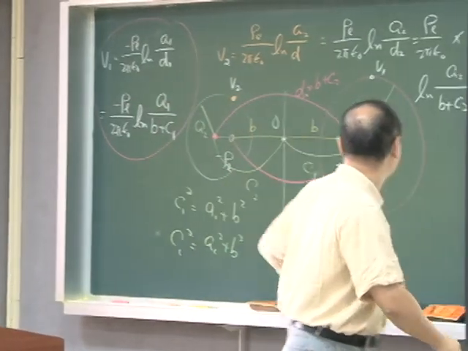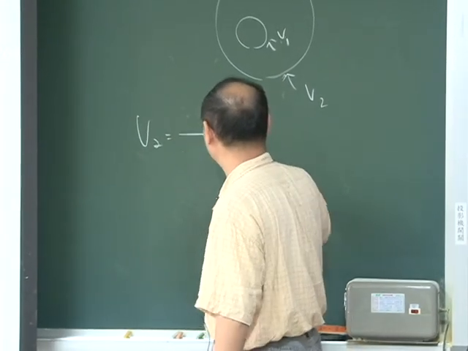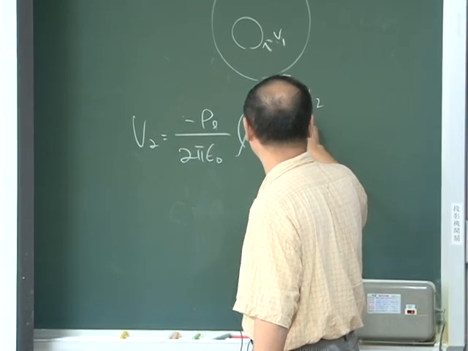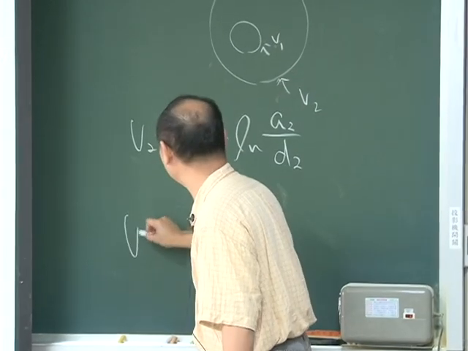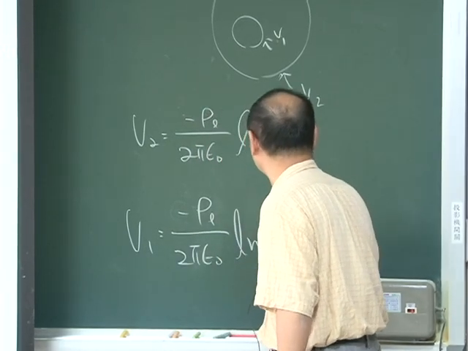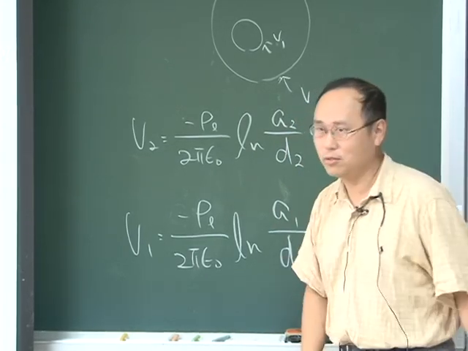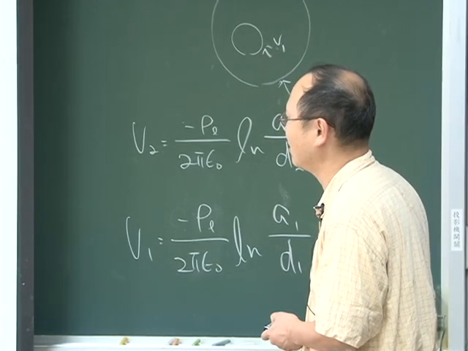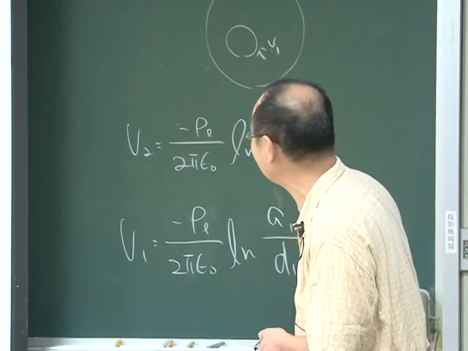Okay, but now you have V2 equal to minus rho L over 2 pi epsilon naught natural log A2 over D2, and then again V1 is equal to minus rho L over 2 pi epsilon naught natural log A1 over D1, but this D2 is the distance from this line charge to the center of this cylinder. 所以在这里呢，你可以知道这个是 B 加上 C2.